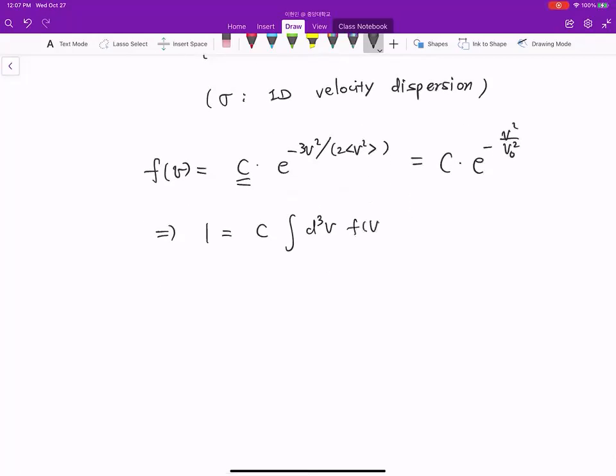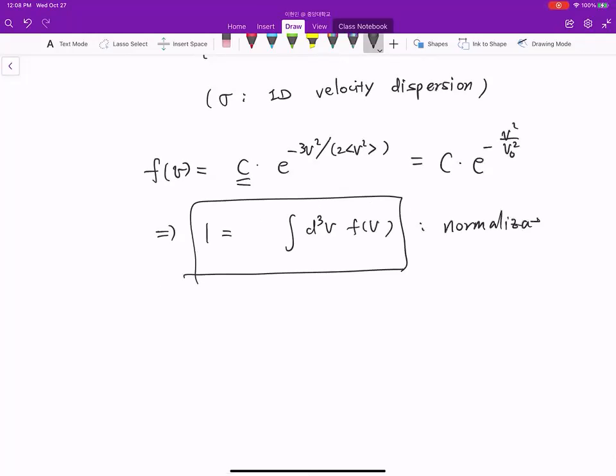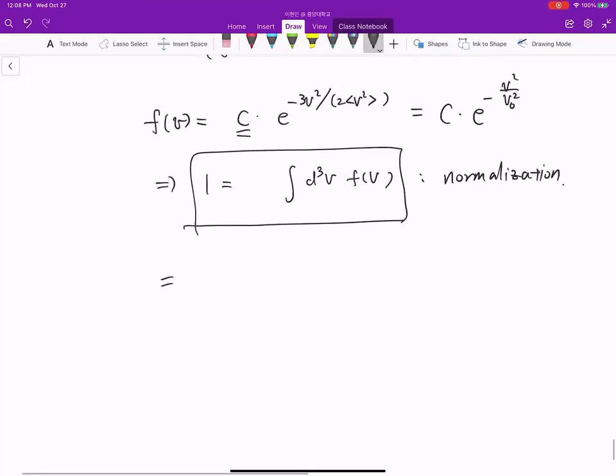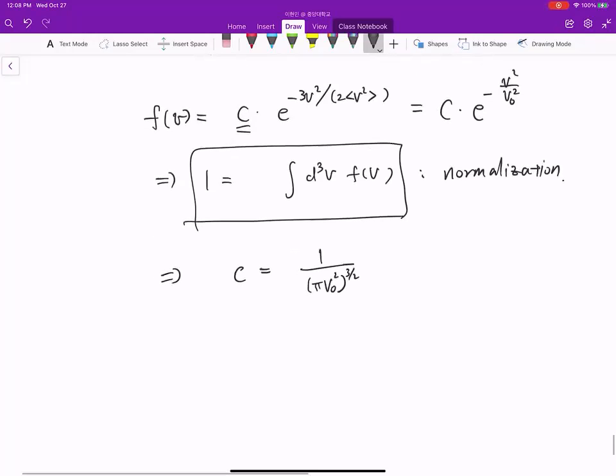We need to take this normalization for the phase space function, and then you can determine C equal to this.